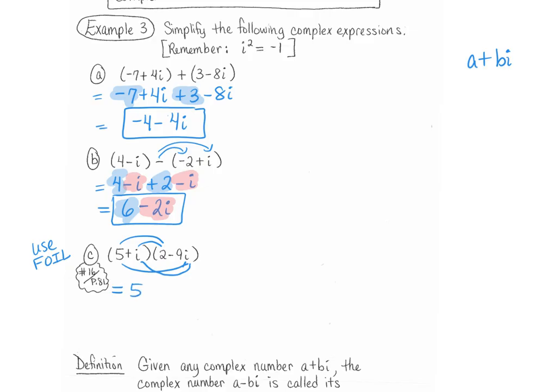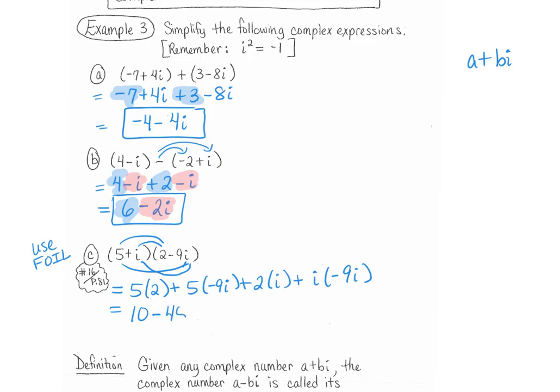Okay. So that's 5 times 2 plus 5 times negative 9i plus 2 times i plus i times what? Good. So now we simplify. We get 10 minus what? It's 5 times negative 9? Negative 45.